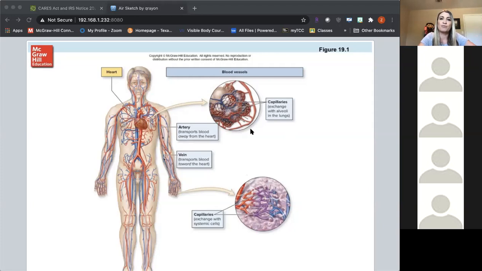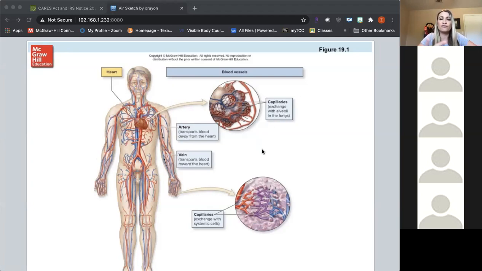Perfusion is the word that we use to talk about how well vascularized a tissue is, so how much blood is going through that tissue. Adequate perfusion is delivering enough blood to a given tissue per given time. If the tissue has adequate perfusion, it means that enough blood flows through that tissue to keep it healthy and functioning.